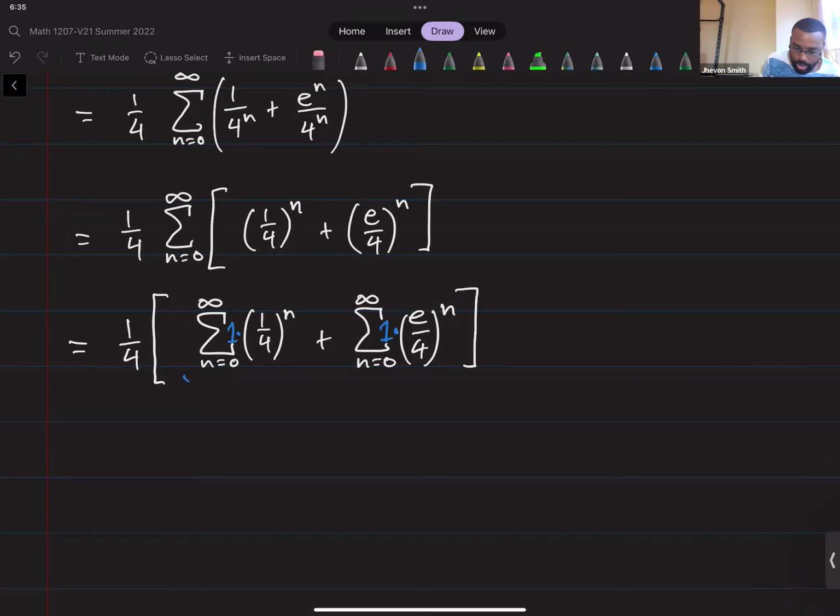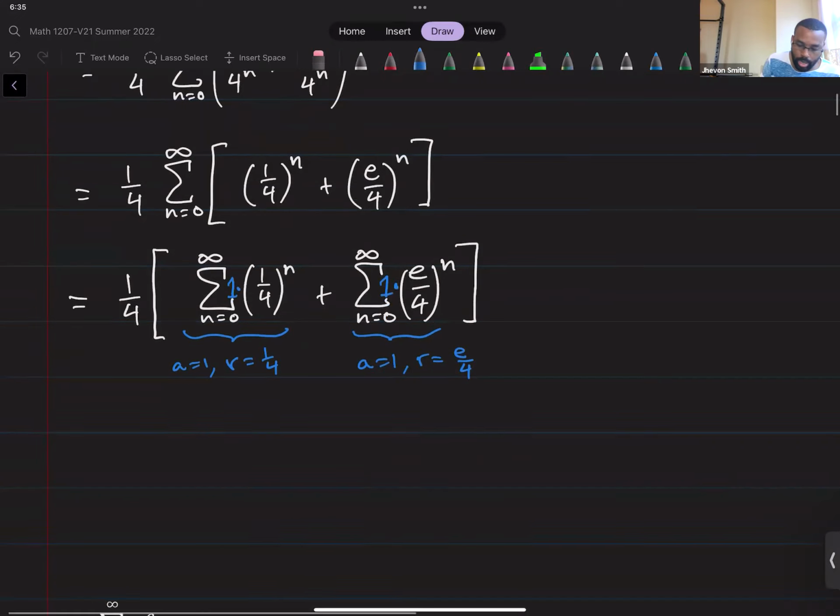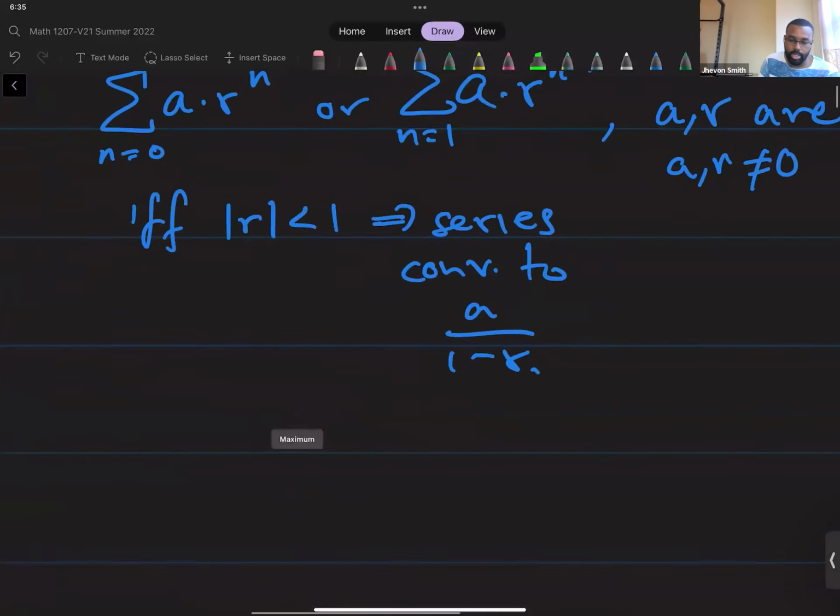So this is a geometric series with your a equals 1 and your r equals a quarter. And this is a geometric series with your a equals 1 and your r equals e over 4. These are all constants. Now, what can you tell me about a quarter and e over 4 in terms of the condition that I would have to check?